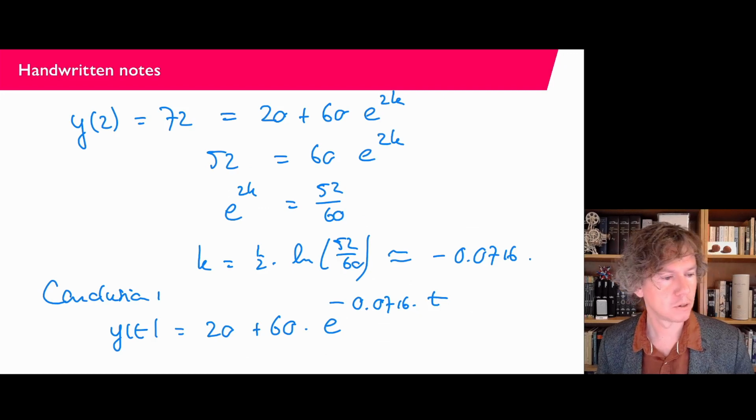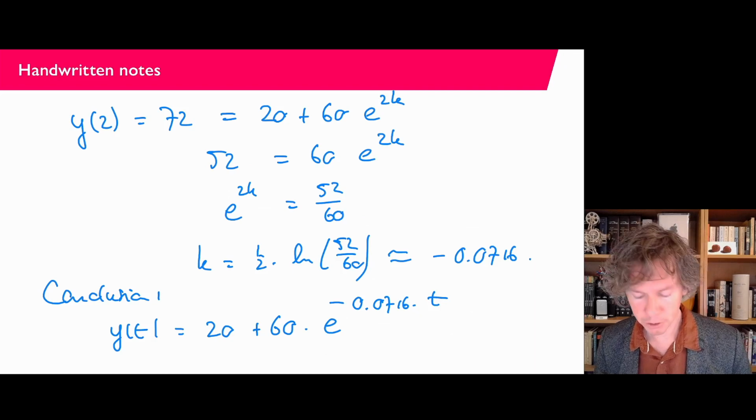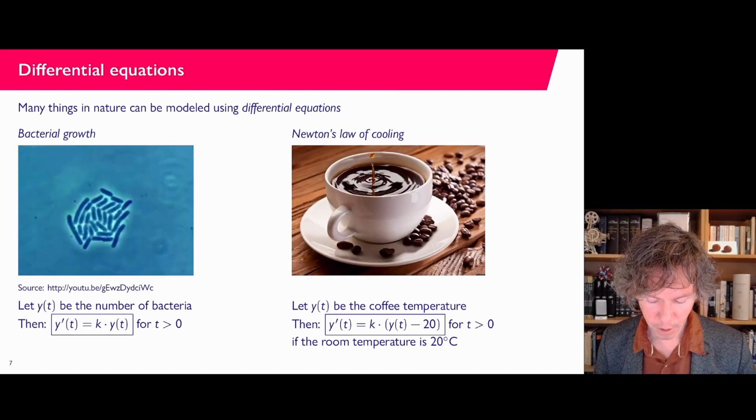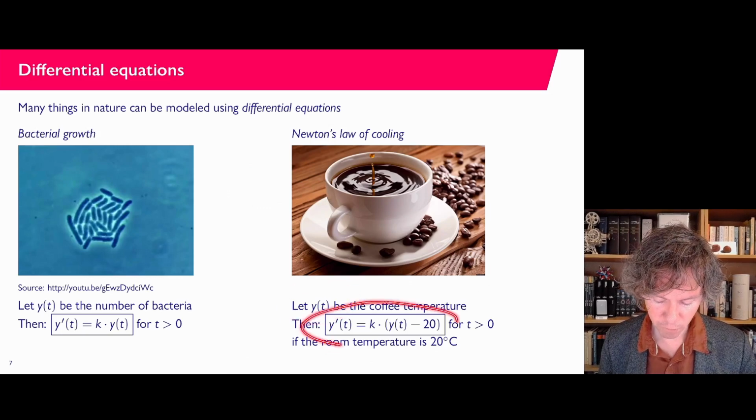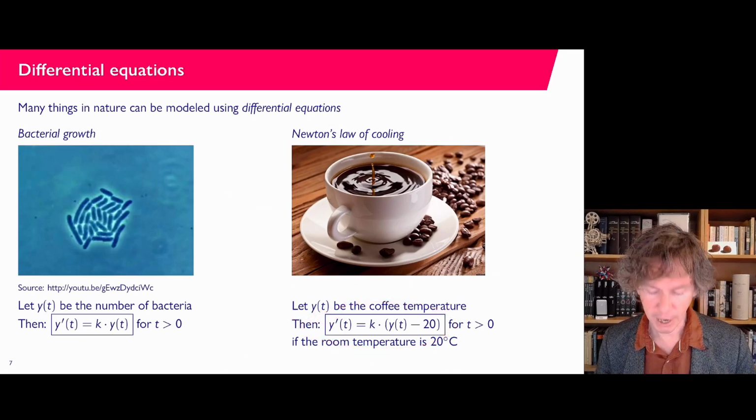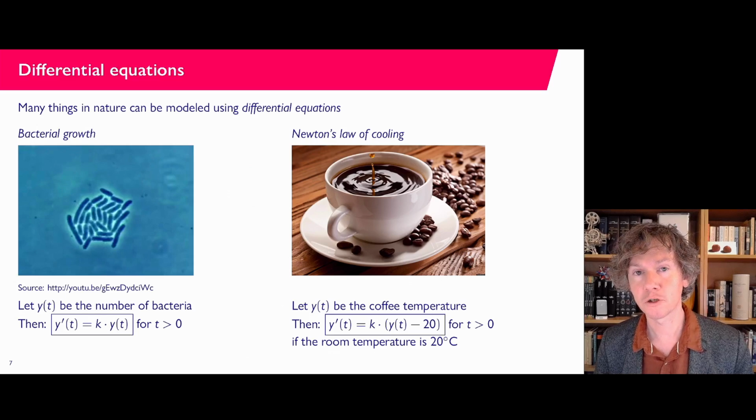That makes sense. So wrapping up this example, if you let y of t be the coffee temperature, we find this differential equation, and we managed to actually solve this and find an analytical solution for y of t, for the coffee temperature.